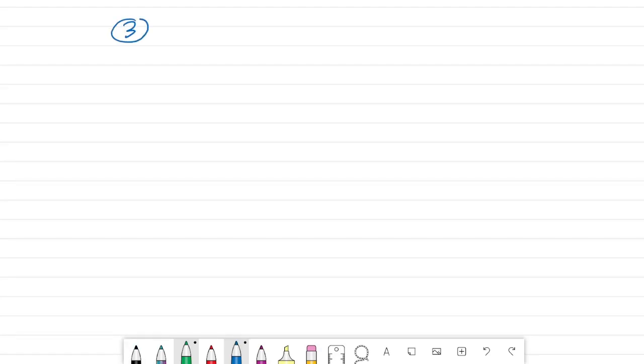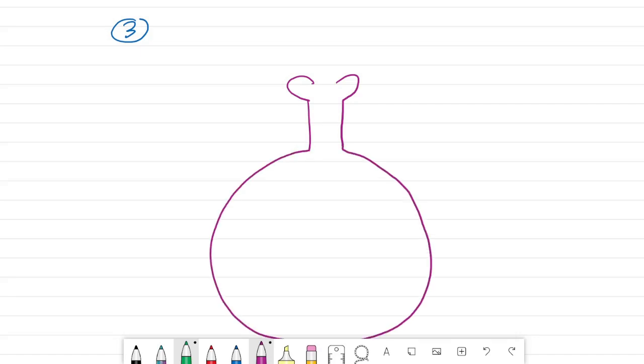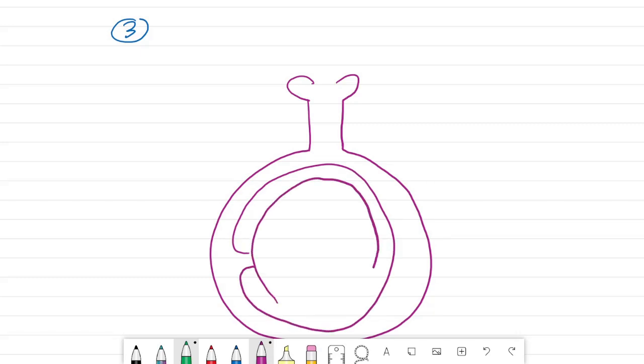The third diagram in our series, once again, I am drawing the carpel. I'm drawing it big so it's easier for me to do my drawing. It doesn't have to be beautiful, as long as you can do the labeling and understand the content.